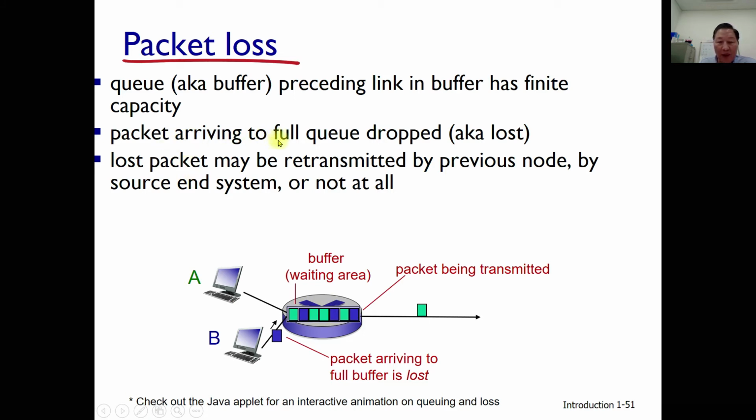If a packet arrives at a full queue, it will be dropped. Thus it is called lost. A lost packet may be retransmitted by the previous node, by the source end system, or not at all, depending upon the protocol. Thus our protocol should deal with that loss and recover from it.